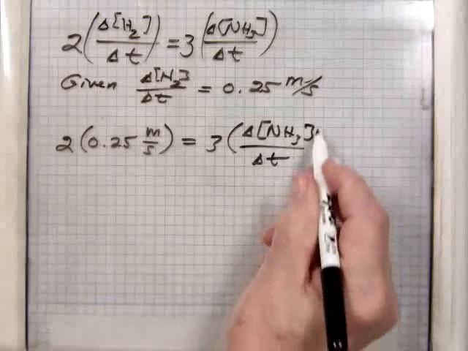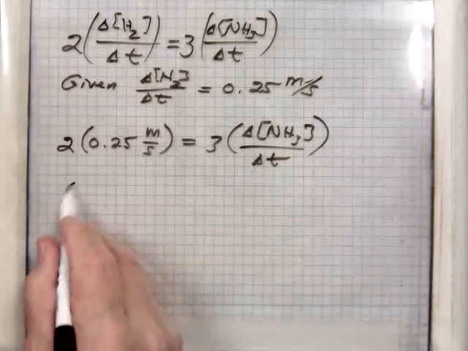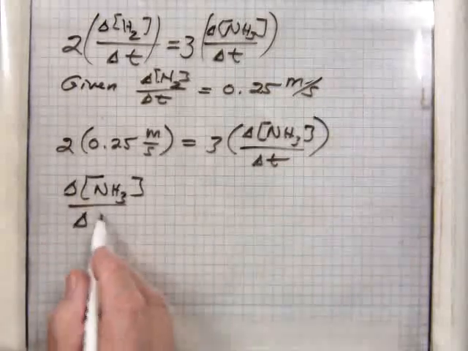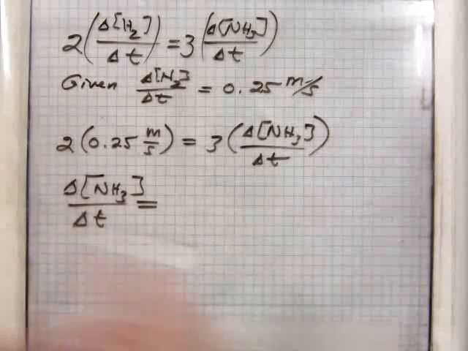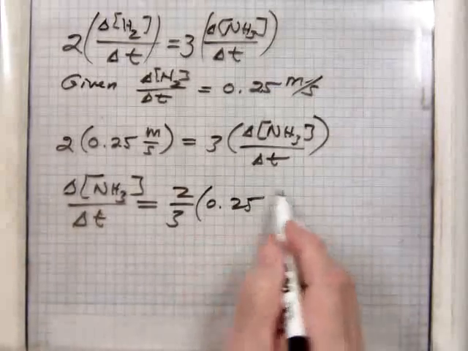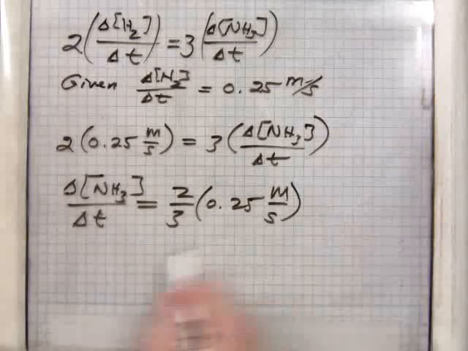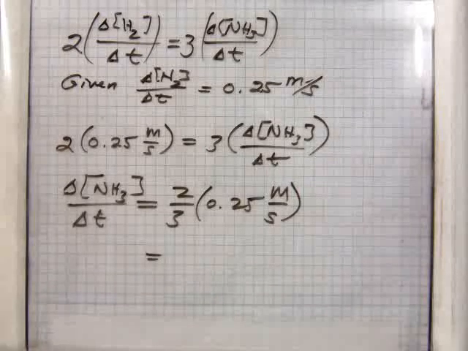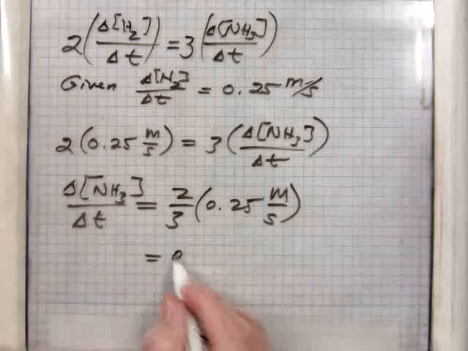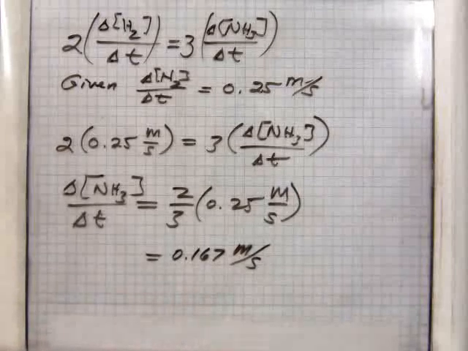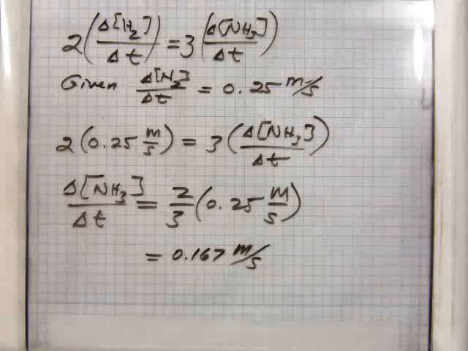over change in time. Divide both sides by 3, and it reduces to the rate of ammonia appearance being 2/3 of 0.25 molar per second, and of course that would give you a finite instantaneous rate, 0.167 molar per second.